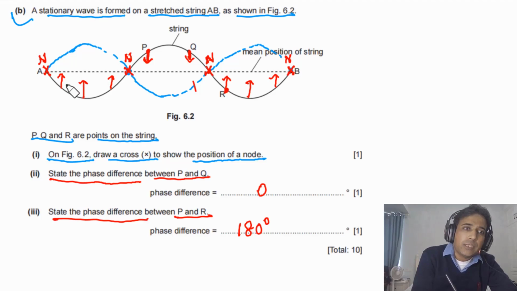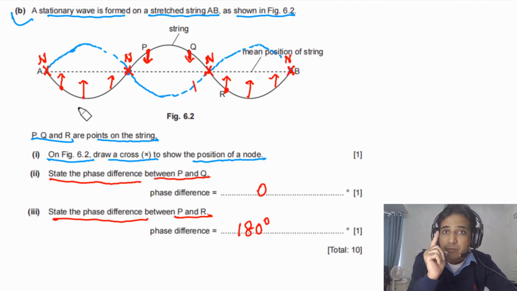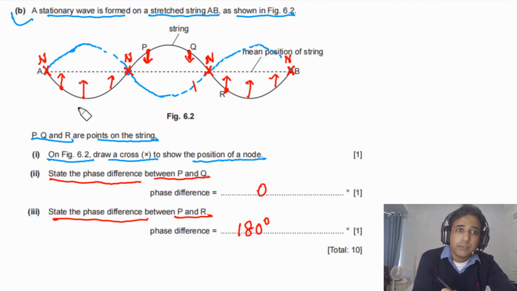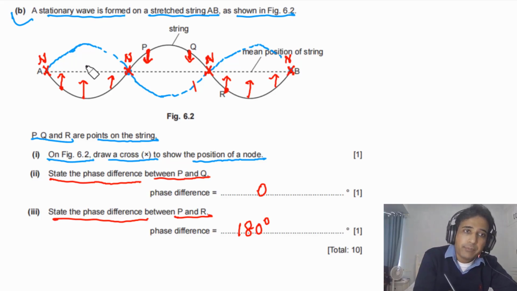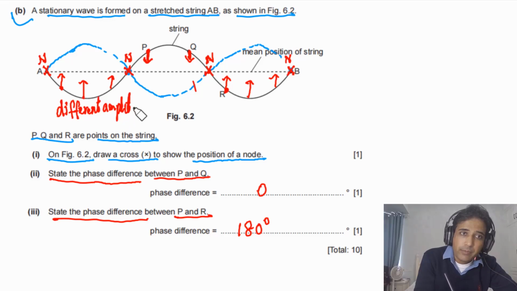And also you need to understand that this particle, for example, and this particle do not have the same amplitude. The amplitude is different. All the particles in this loop have different amplitude. So let me write here, they have different amplitude, but they are in phase.